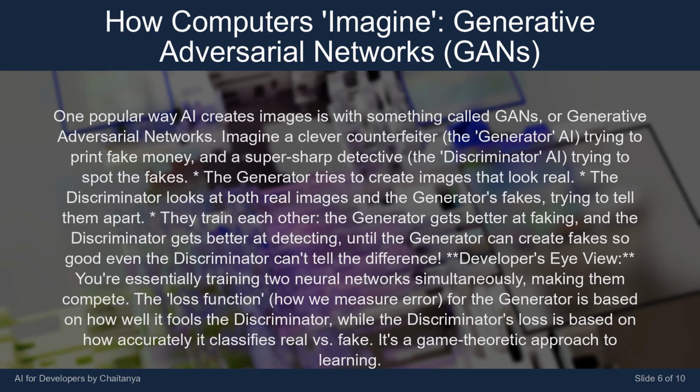The discriminator looks at both real images and the generator's fakes, trying to tell them apart. They train each other. The generator gets better at faking, and the discriminator gets better at detecting, until the generator can create fakes so good even the discriminator can't tell the difference.